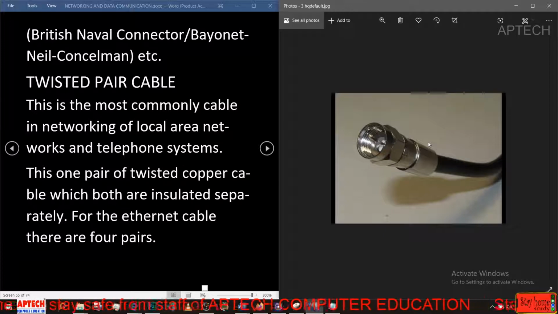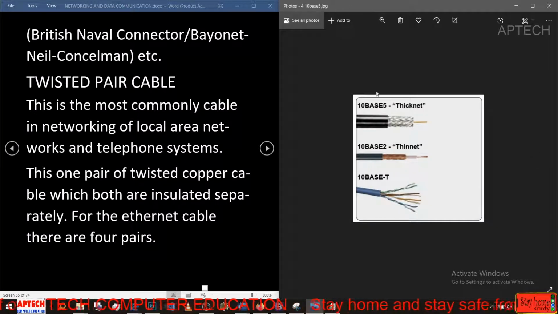These are the ones they use nowadays, but they cannot be used in networks nowadays. These are the first two Ethernet cables which were being used. The first 10 stands for the amount of megabits it used to give. So this was 10 Mbps baseband. Then this stands for the amount of meters, which is 500 meters.